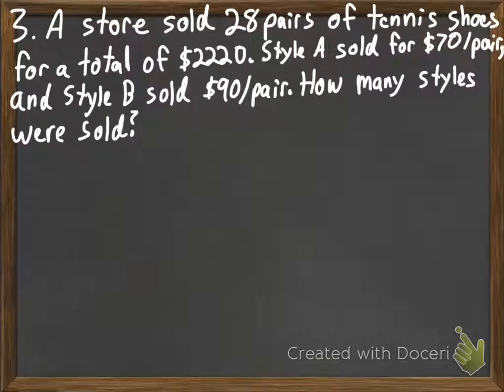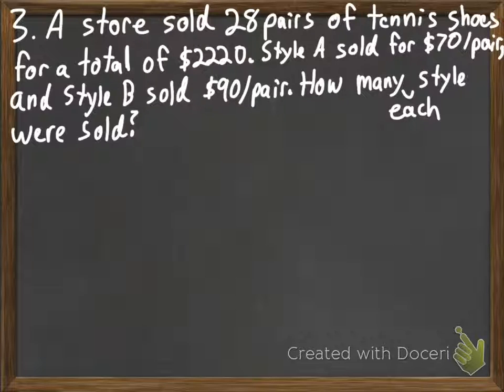So we want to know how many styles were sold. And it should be how many of each style were sold. So let me throw that in there. Each style. Sorry, my English is bad. So how many of each style were sold?